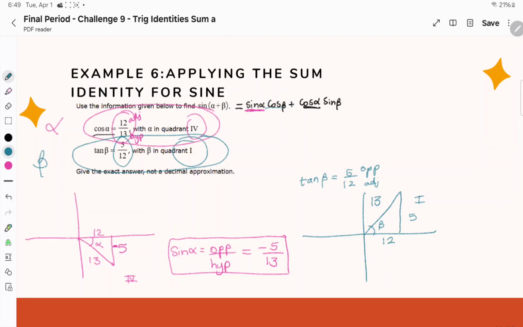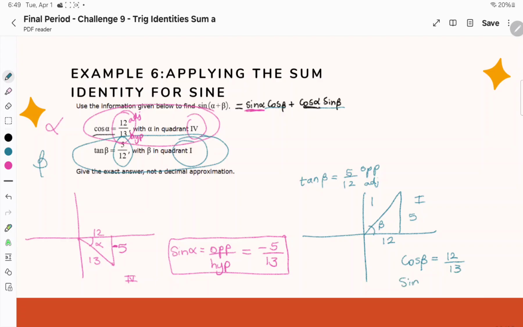So to do that, let's work with our little triangle here. So cosine of beta is going to be adjacent over hypotenuse, right? But the adjacent side here is 12 and the hypotenuse is 13, right? So 12 over 13.